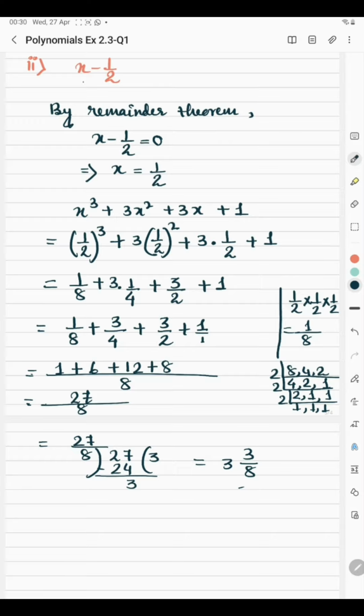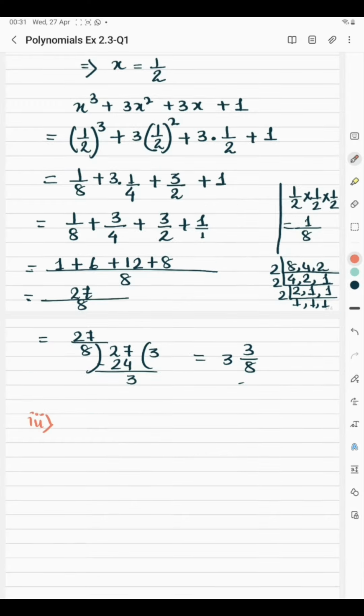Okay, now coming to the third part. Now in the third part we have x and there is nothing with x, and we know that by remainder theorem, whichever linear polynomial is there, we'll just put it equal to 0.